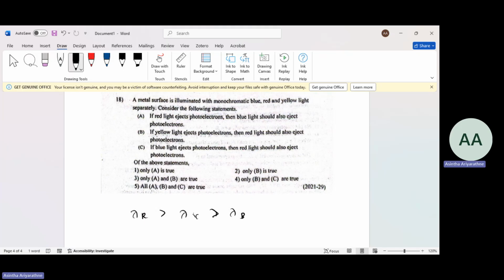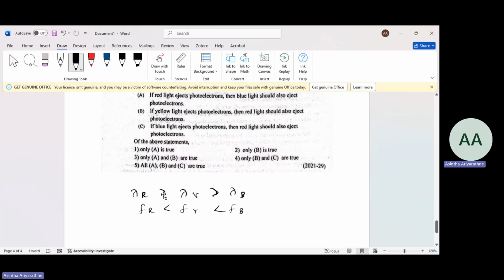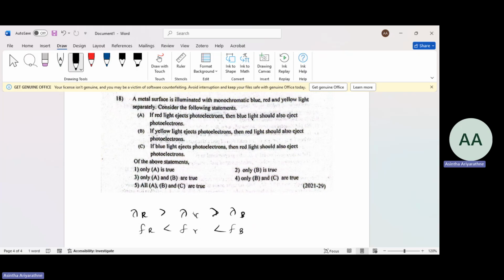If red light ejects photoelectrons, then blue light should also eject photoelectrons. The frequency varies in the opposite way to the wavelength. Yes, if red light ejects photoelectrons, then blue light should also eject photoelectrons because it is sufficient, blue light having the highest frequency. If yellow light ejects photoelectrons, the red light should also eject? No, that's the reason. Only A is true.